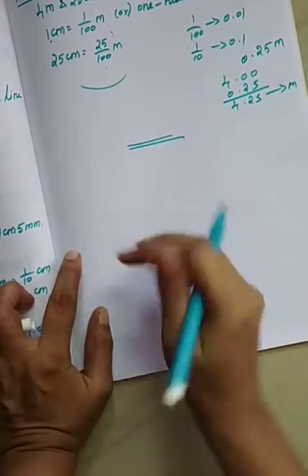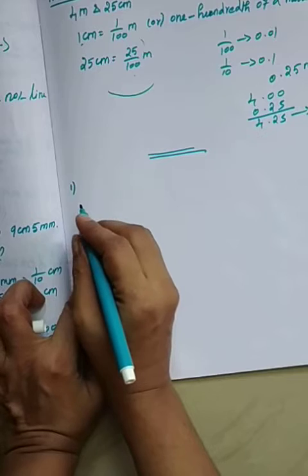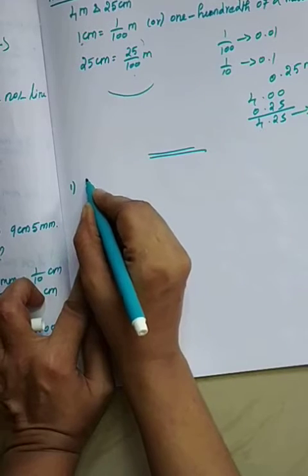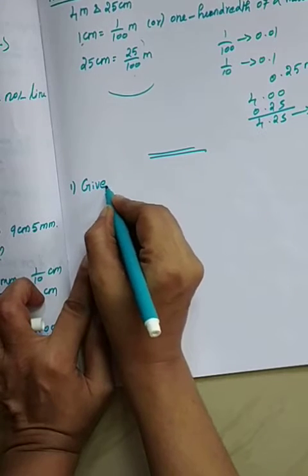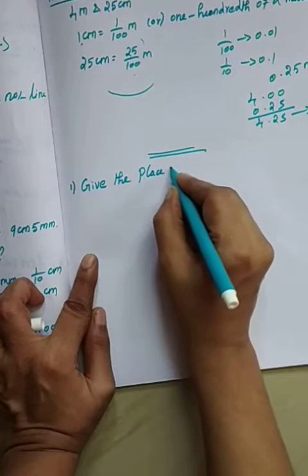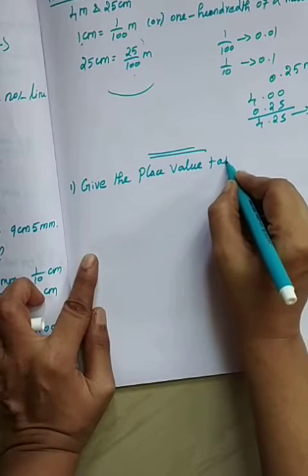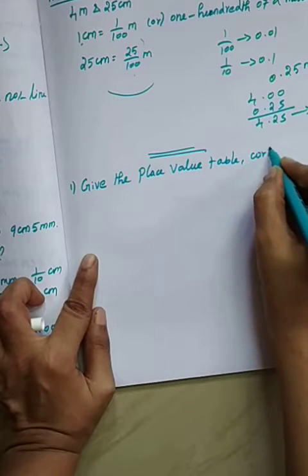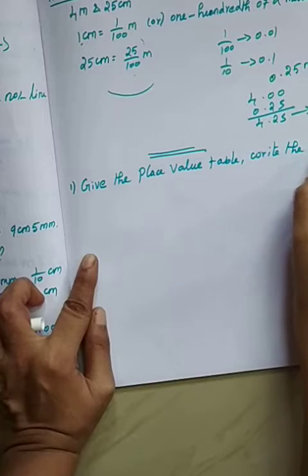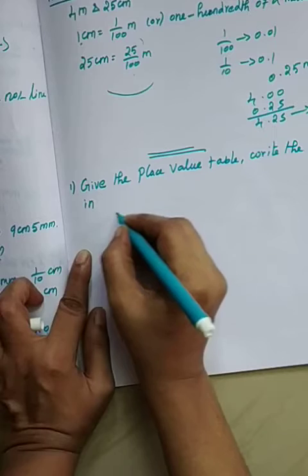Now see some example problems. The first one: given the place value table, write the number in decimal form.